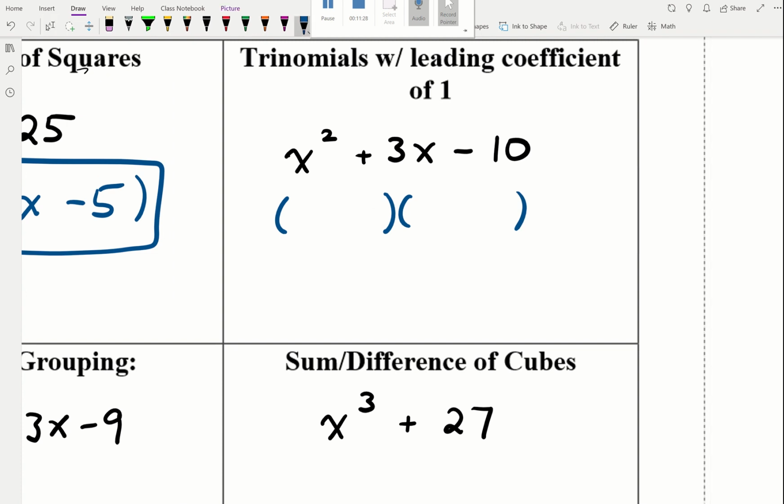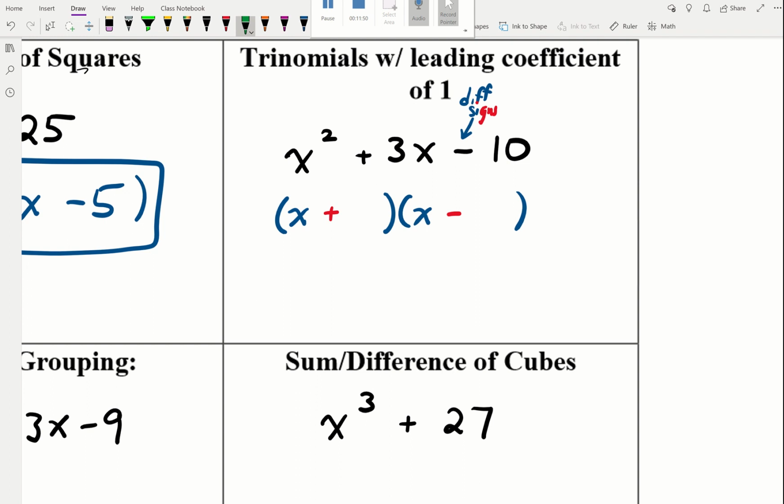The terms that go in front have to multiply to x squared, so x and x is the only way to get there. This negative sign right here is going to tell us that our signs have to be different. So we're going to have different signs. Now, because it's x and x, I can put a plus and I can put a minus.